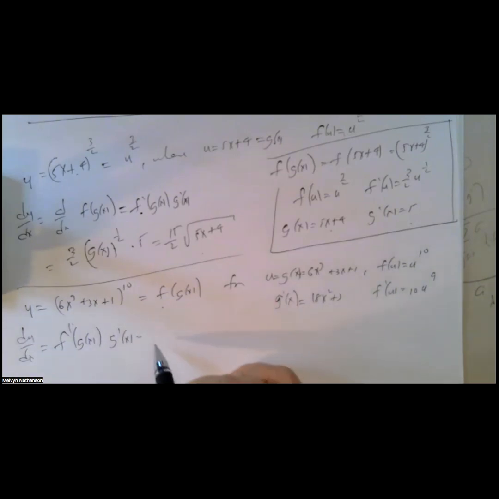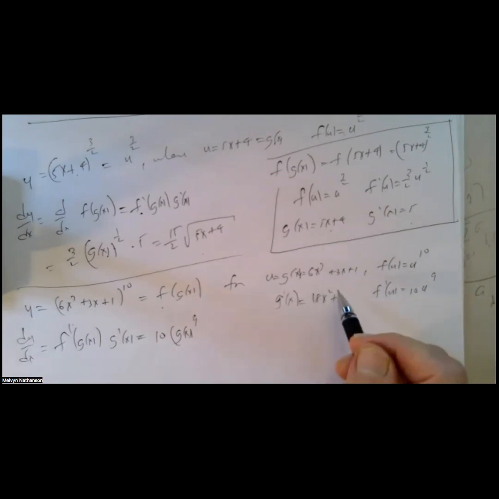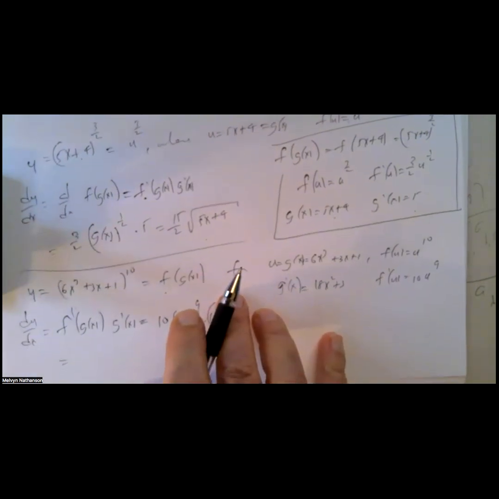So f prime is 10 g of x to the 9th times g prime of x, times 18x squared plus 3. g of x was 6x cubed plus 3x plus 1.